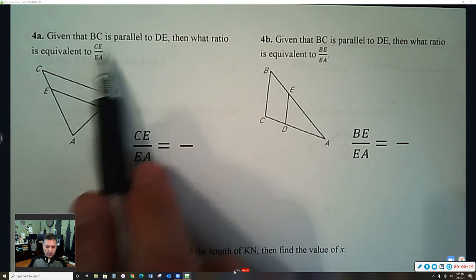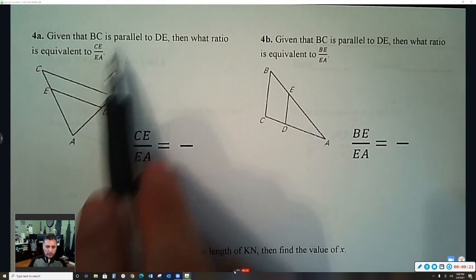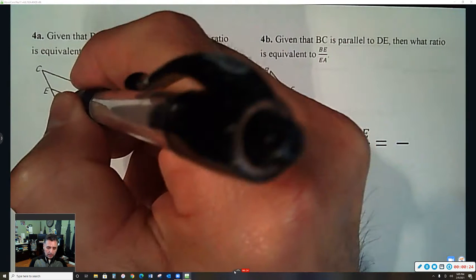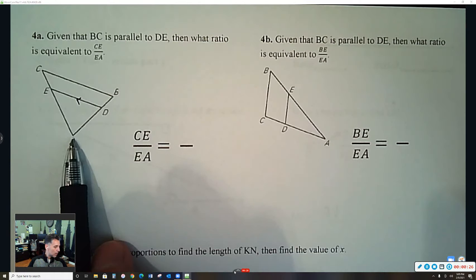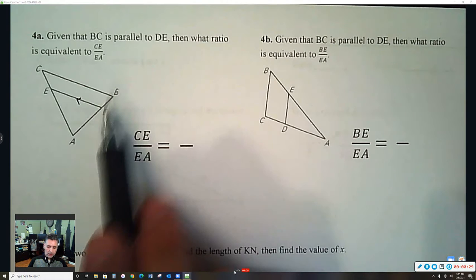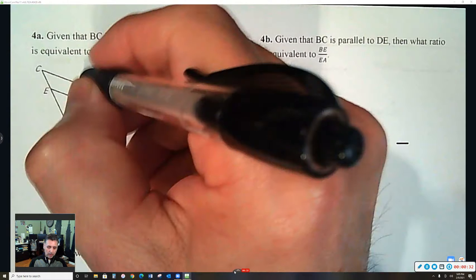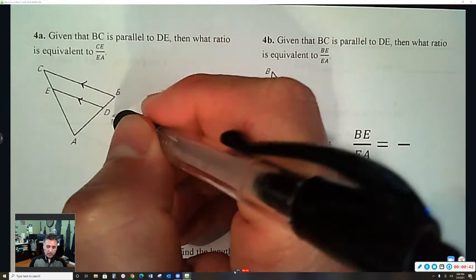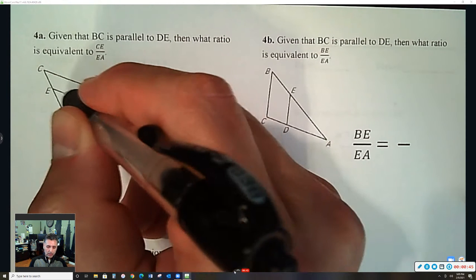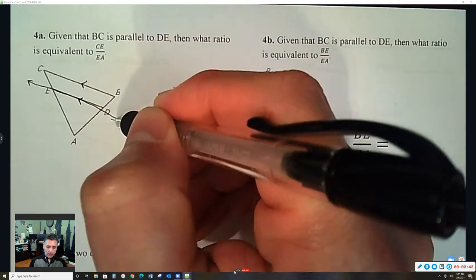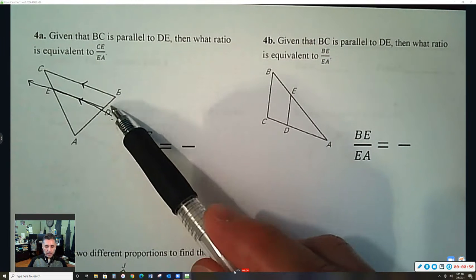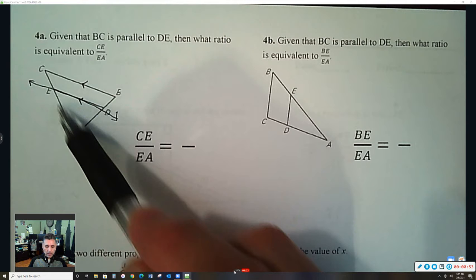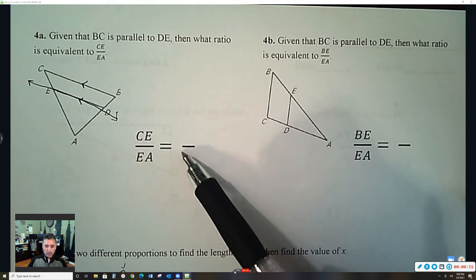Remember, that says if a line is parallel to one side of a triangle, so they tell us DE is parallel to BC, and it intersects two other sides of the triangle, then it divides them proportionally. So DE is going through the triangle and cutting these pieces, dividing them proportionally, which means we can write a proportion out of it.